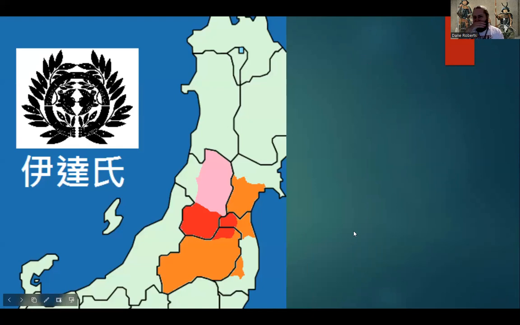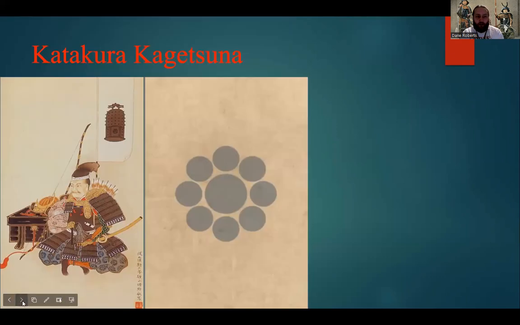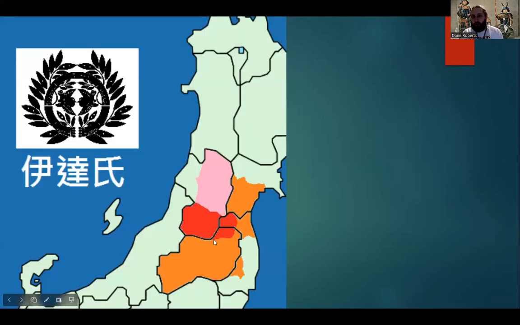And together, Masamune and Kagasuna would begin with the Date clan being in the small area right here, but would eventually lead their own program of military expansion, territory expansion, eventually conquering all of these areas that you see here.